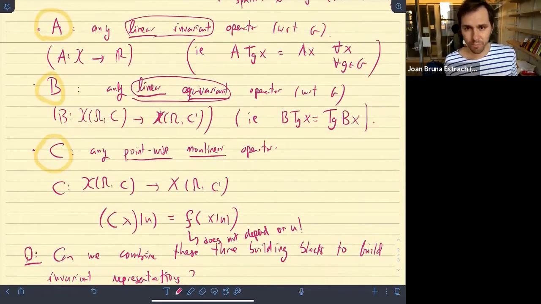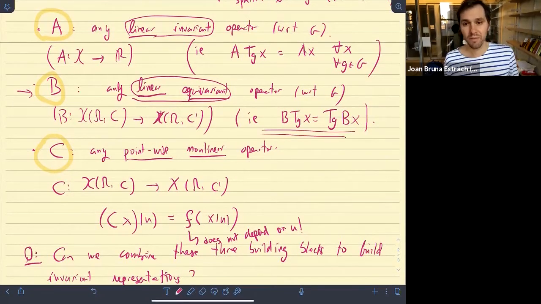As it turns out, the family of B's, the family of linear equivariants, is very large. Asking for a matrix to commute with the group is a much weaker thing to ask than asking the operator to be invariant. So we are going to see that we can actually gain a lot from that.